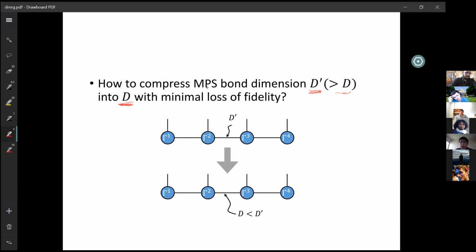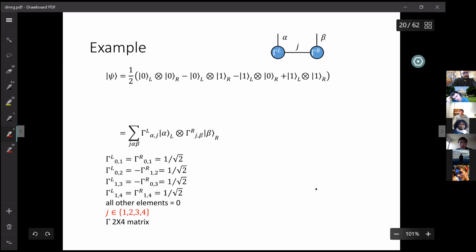By fidelity, I mean the inner product between psi and psi tilde. Psi tilde is the wave function after the compression, and psi is the wave function before the compression. So we want to make the bond dimension small enough so that we can deal with this matrix product state.